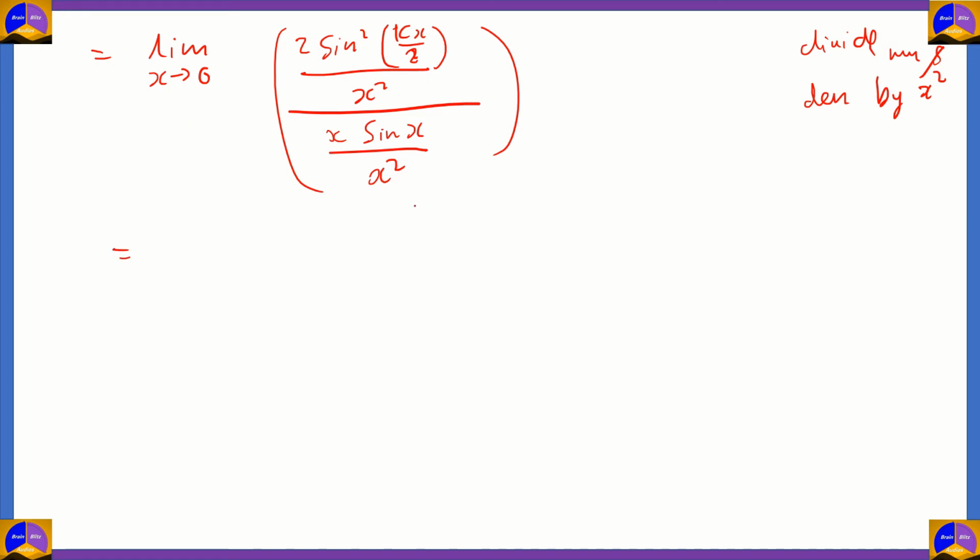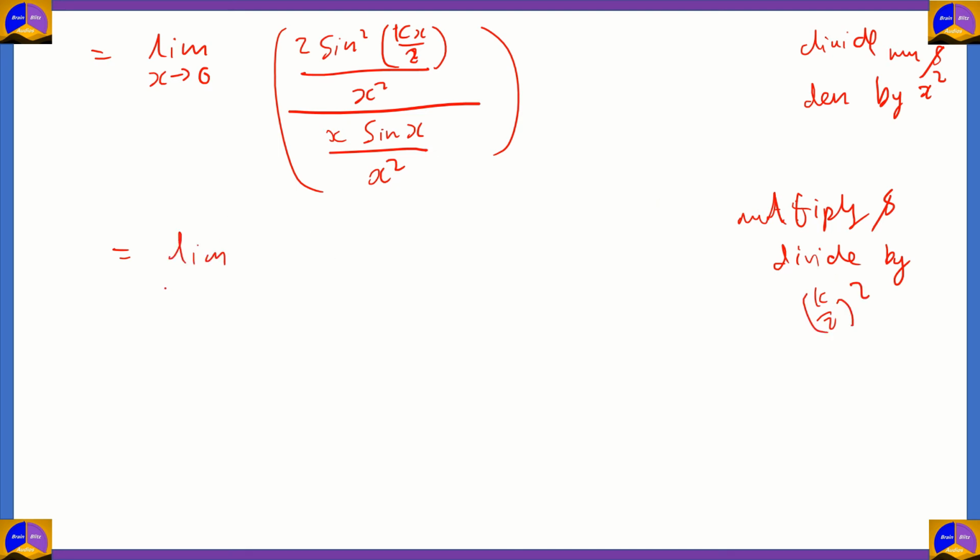So these will cancel out anyways, but we're putting them because of a special reason. So now the interesting bit is in the numerator we're going to multiply and divide by k by 2 the whole square.